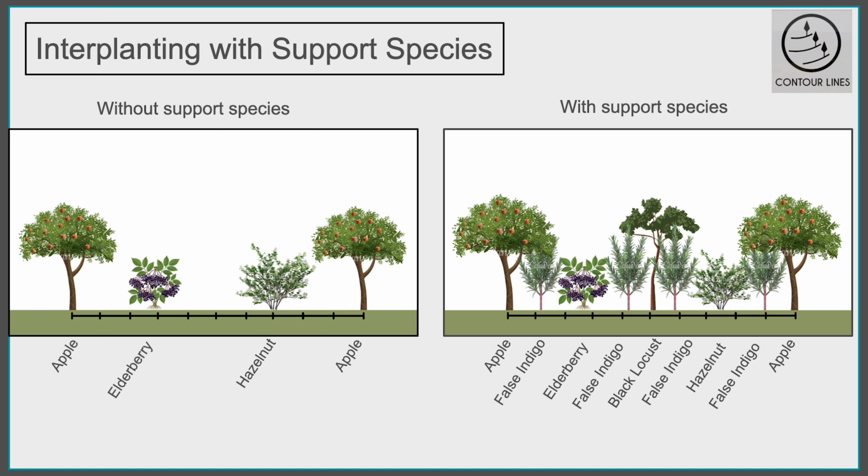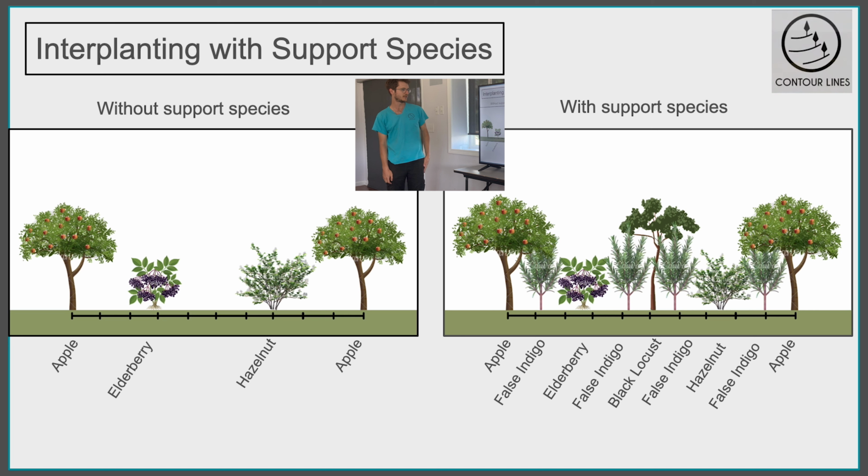So this is at 10 feet apart: fruit trees at 10 feet apart, and then 2 shrubs, hazelnut and elderberry, between those. So that's a production species, a fruit or shrub, every 3 feet. That's what I was shooting for.